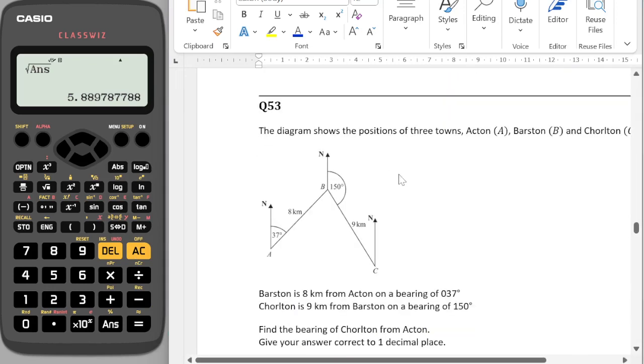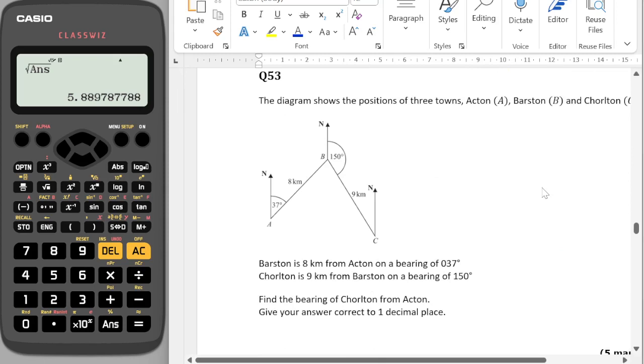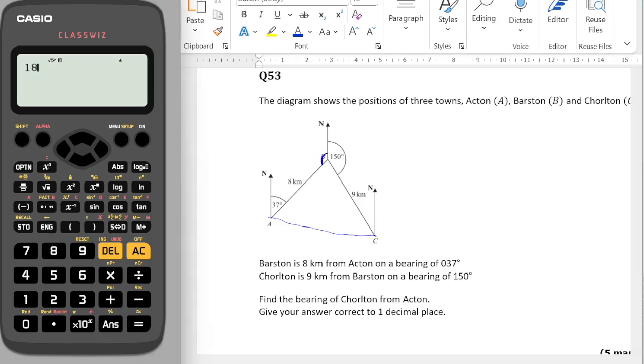Okay, 53, diagram shows the position of 3 towns. Calculate the bearing of Chorley from Acton. Chorley from Acton, so I'm after this angle here. Okay, so the way I'm going to do that is I'm going to work out that angle there would be 180 minus 37.